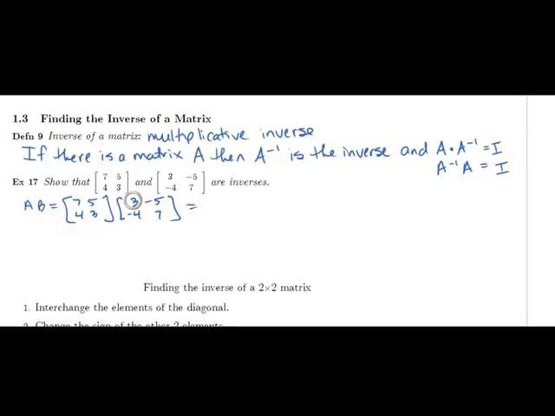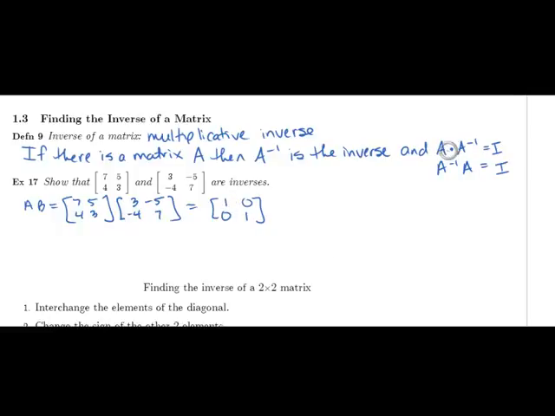So 7 times 3 is 21, and then 5 and -4 is 20, and we do 21 minus 20 is 1. Then 7 times -5 is 35, 5 times 7 is 35, so we've got 0. 4 times 3 is 12, 3 times -4 is 12, so we've got 12 minus 12 is 0, and then 5 times -4, 4 times -5 is -20, and 3 times 7 is 21, so again we end up with 1. So that's good so far.